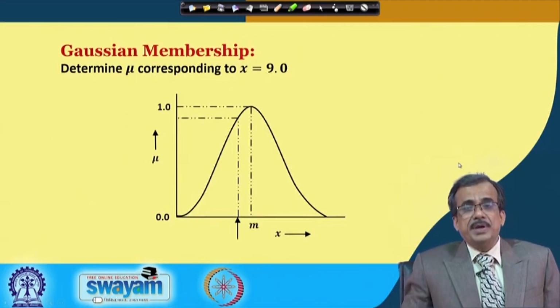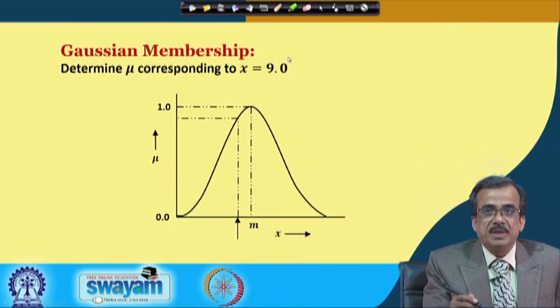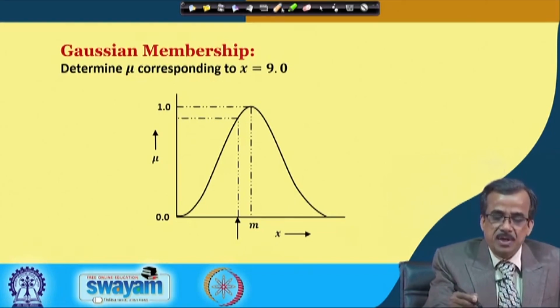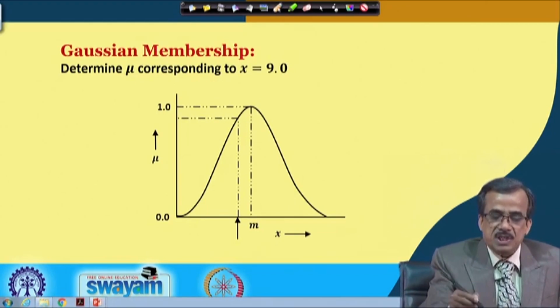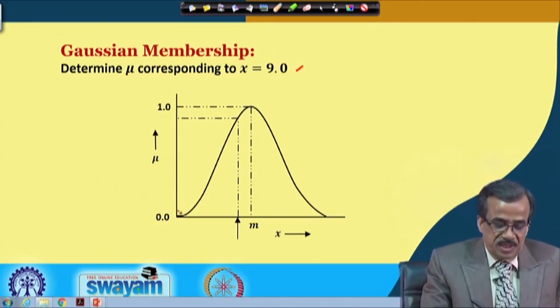Now, we are going to concentrate on the Gaussian membership function distribution, and our aim is to determine this particular mu corresponding to x equals 9.0. This is nothing but the Gaussian membership function distribution.